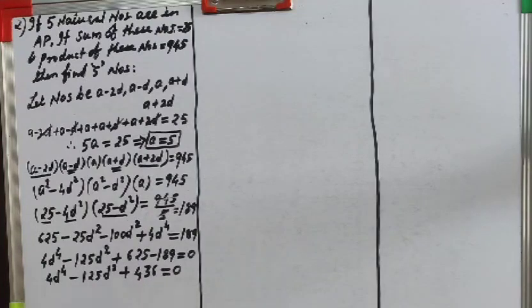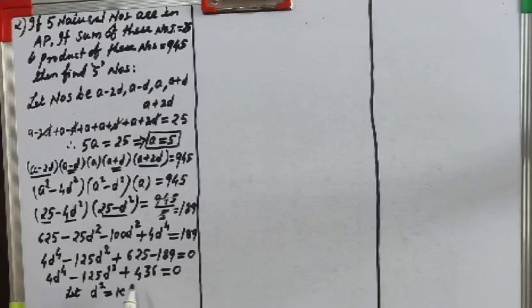Now this is not in quadratic form, but I can convert this equation in quadratic form by making a simple substitution. And what is that substitution? I will change this d square as k. So in this equation, if I substitute, you can write there, let d square equal to k.